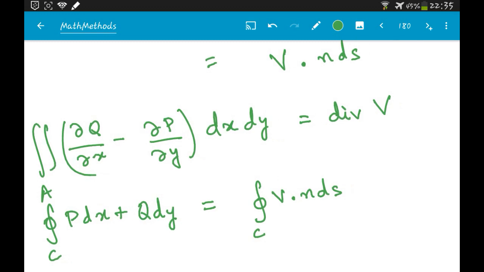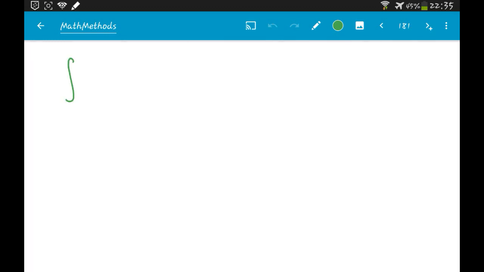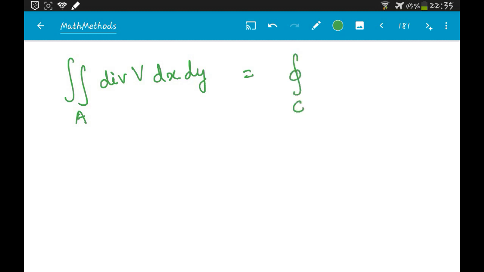So ultimately we can write the integral of the divergence of v dx dy is the integral over the closed loop C of v dot n ds.